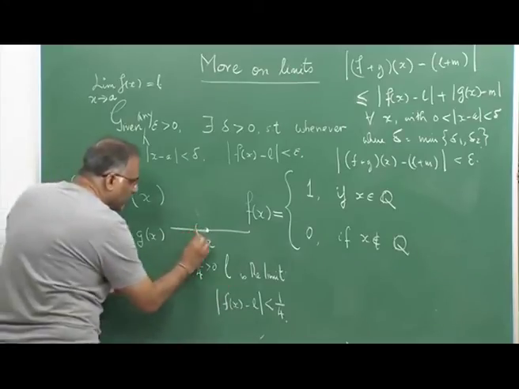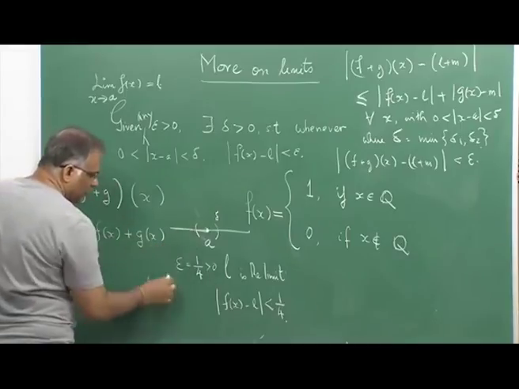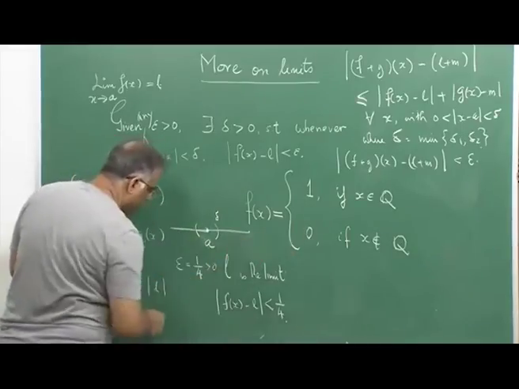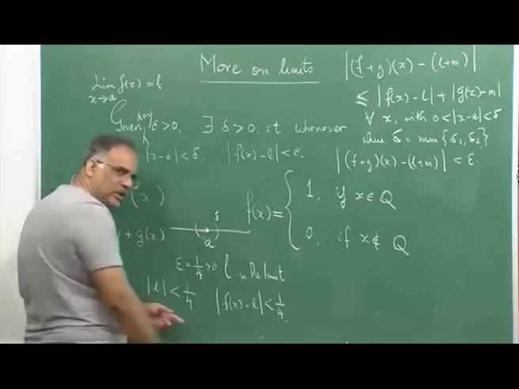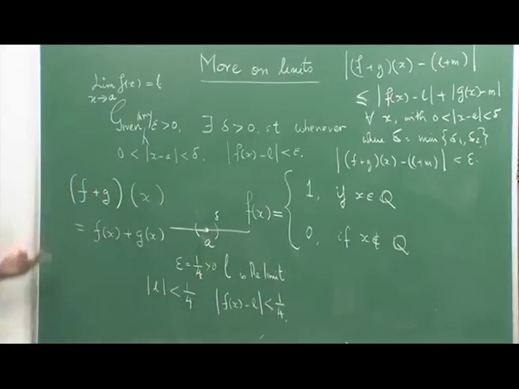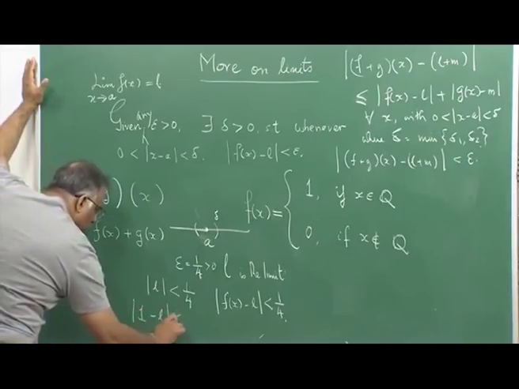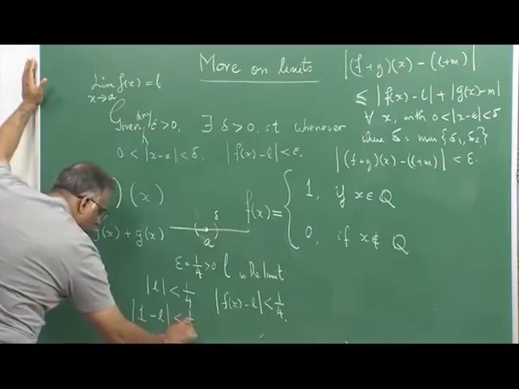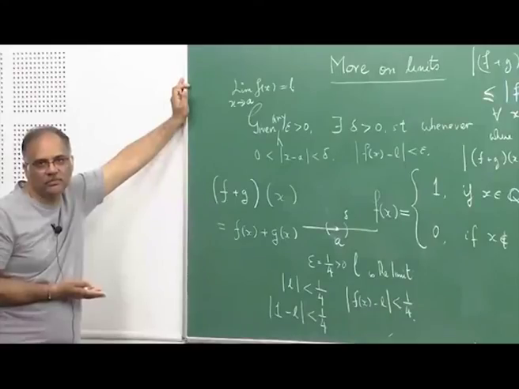So for whatever delta, however small I take, it does not matter. Suppose I find some delta, then there will be some irrationals in it, and any irrational point will immediately give you this if this is true, but there will be some rationals also giving you these two quantities. Do you think these two quantities are possible at the same time? These two are not possible at the same time.